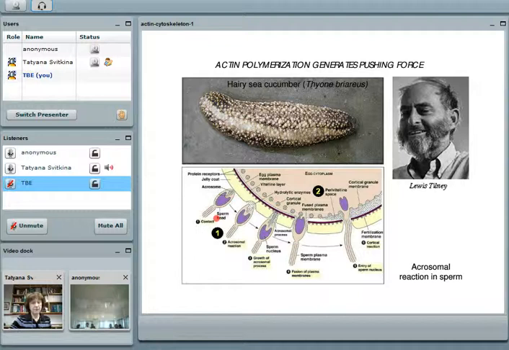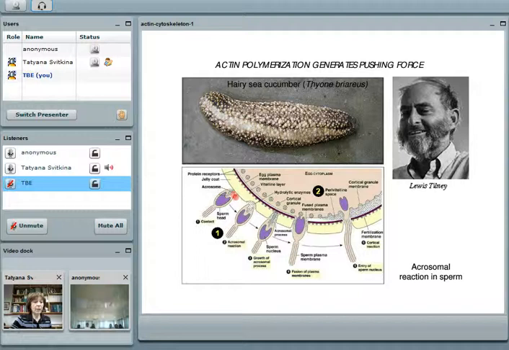Sperm has two challenges. One, the egg is surrounded by jelly, so this jelly needs to be taken out of the way. And then sperm would meet the membrane of the egg and also need to go through. So in order to overcome these problems, sperm has two devices.